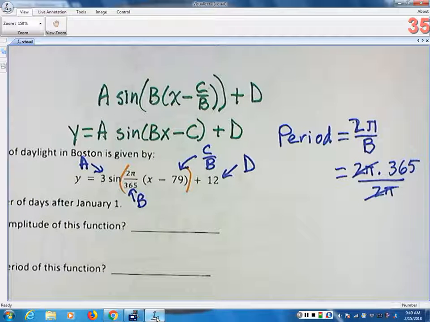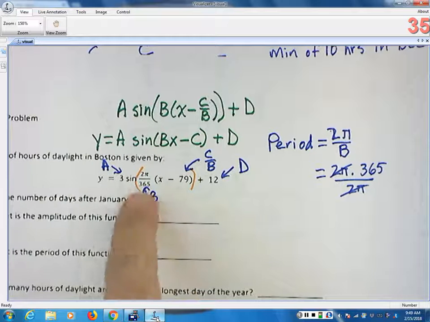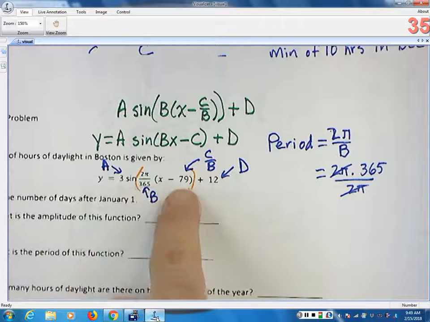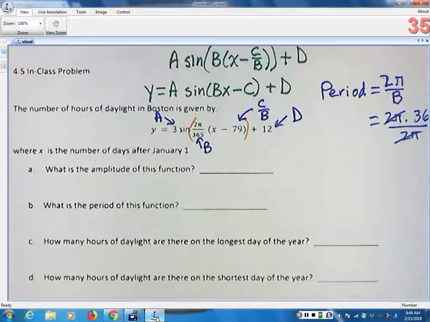I thought it would help to realize that this is factored here. So that's our B, and this is our phase shift. You really get messed up if you didn't realize that was already factored. So you should be able to plot that with the amplitude, period, and what else are you going to use?